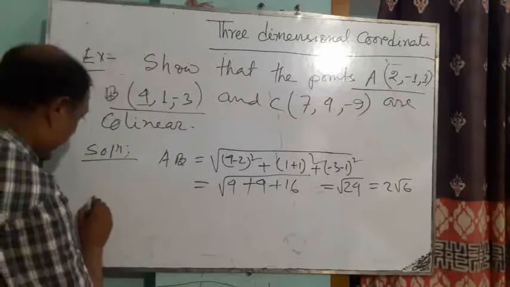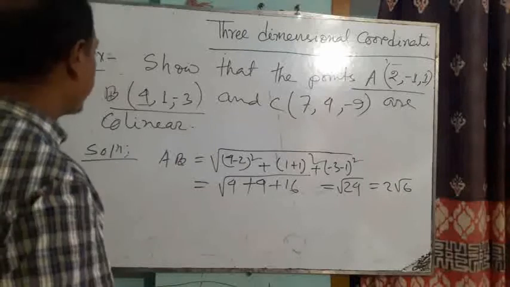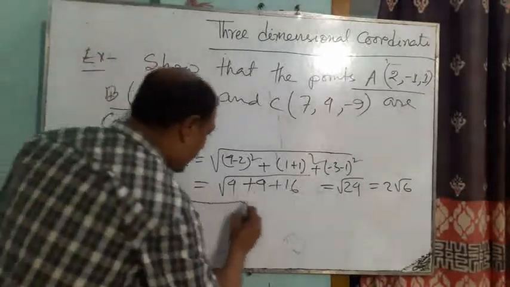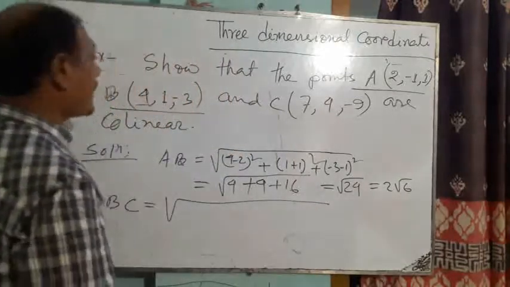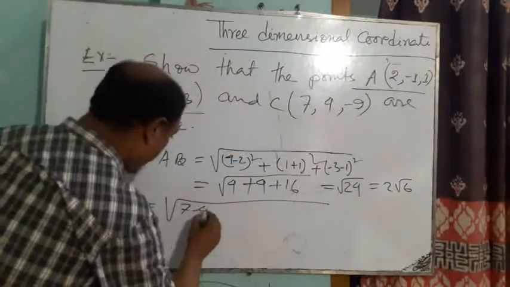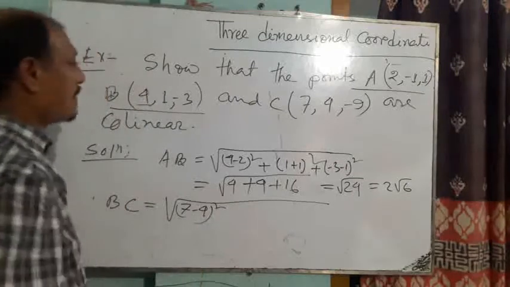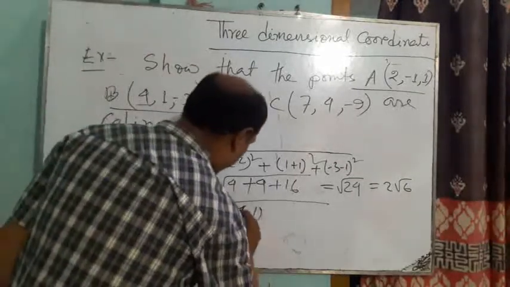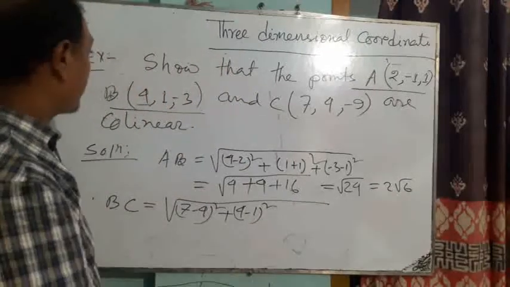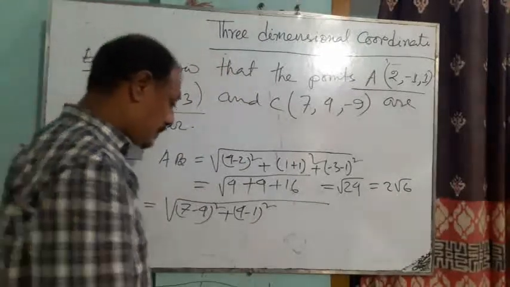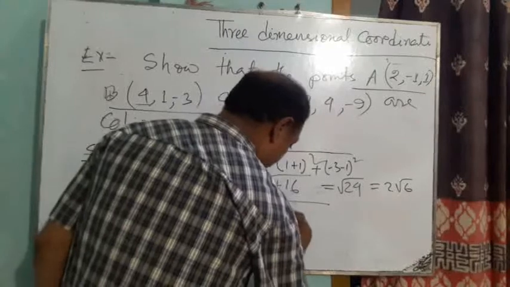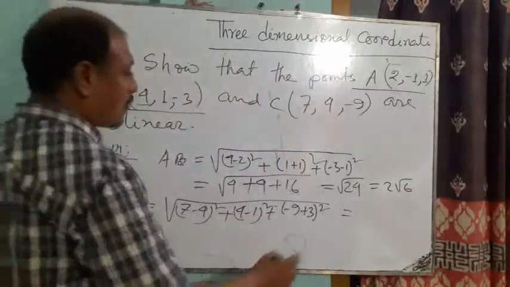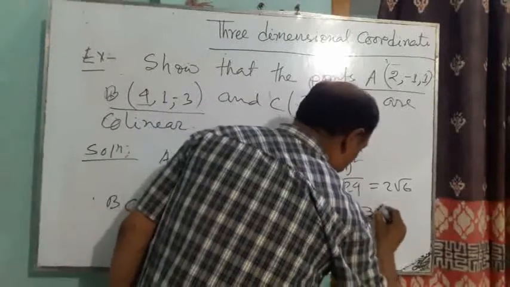Now we find the distance between B and C, that is BC: (7 minus 4) whole square plus (4 minus 1) whole square plus (minus 9 plus 3) whole square, equal to 3 root 6.